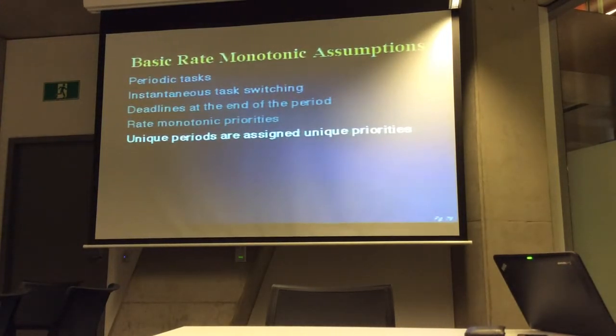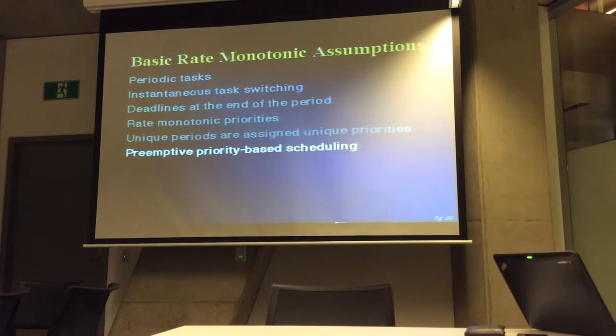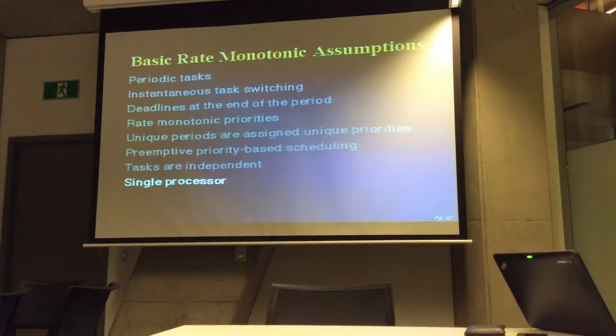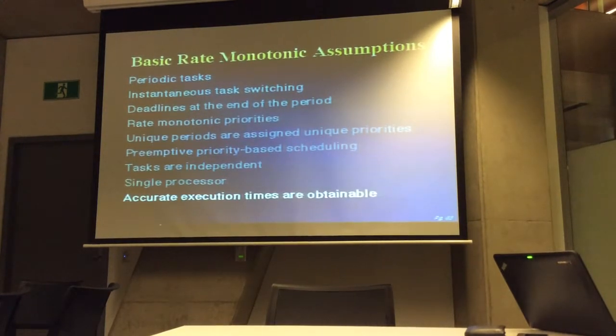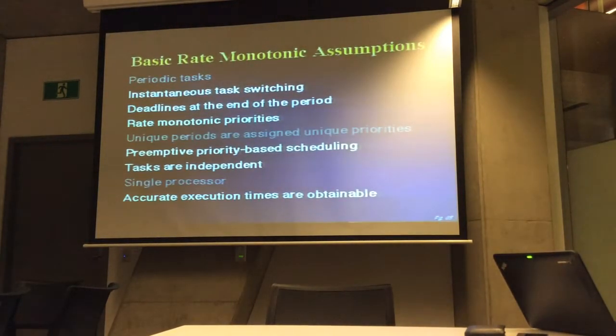That is, if you have n tasks, you can assign and support the scheduling of n priorities. Then priority-based scheduling is preemptive. Tasks are independent. There's only one processor. And it's even possible to obtain task execution times. The good news is that each of these assumptions can be relaxed to make the approach applicable to a wider range of situations. We've talked about some of these, and we'll address a few more.